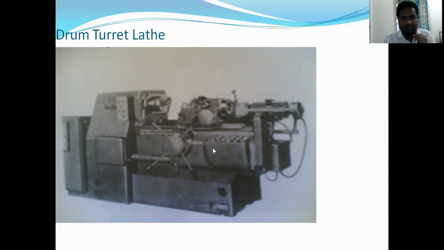Here there is no tool post observed, and here a drum-like structure is there. On this drum-like structure, we have the cutting tools, right?